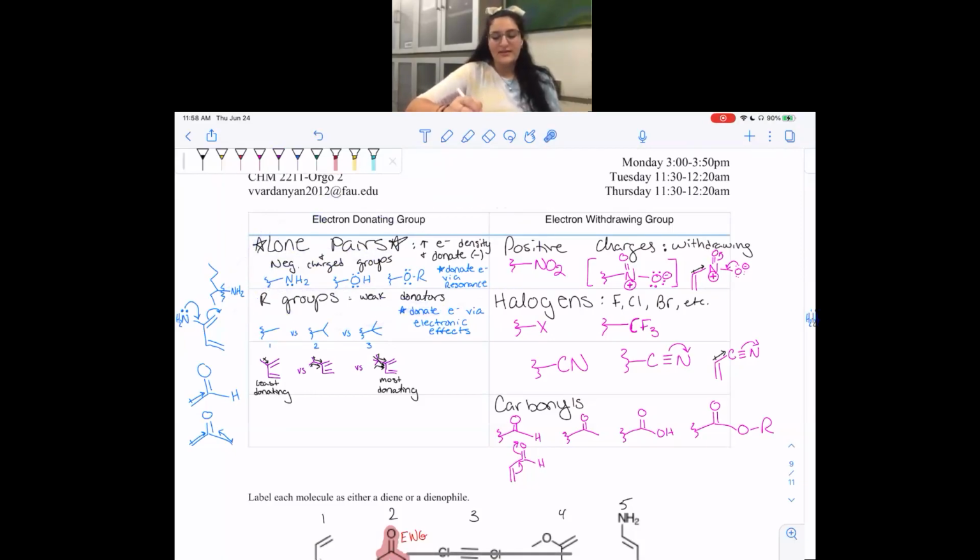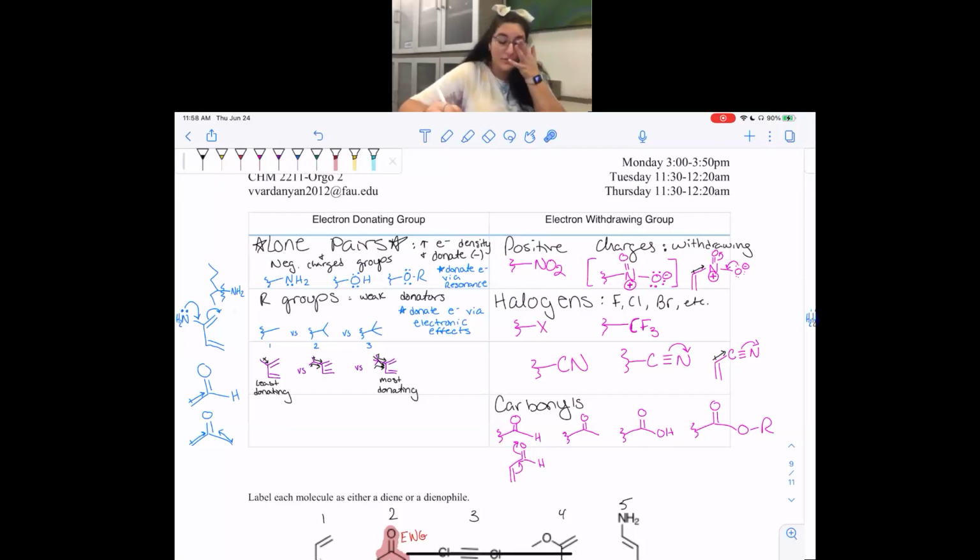So all of these things are going to, by resonance or by electronic effects, donate electron density. Whereas withdrawing groups are anything that has a positive charge, anything that has a carbonyl, or anything that is a halogen.